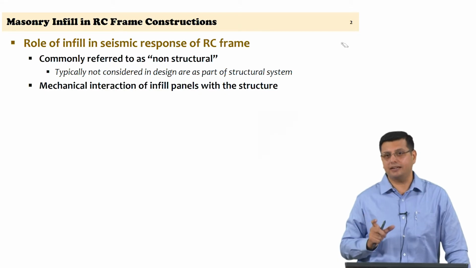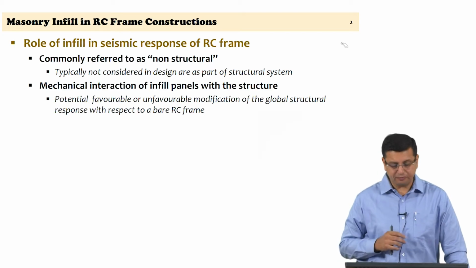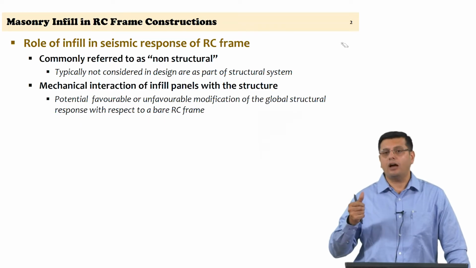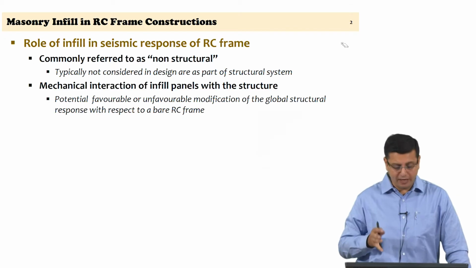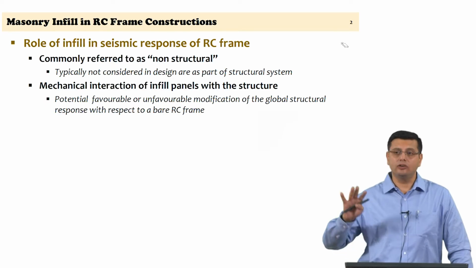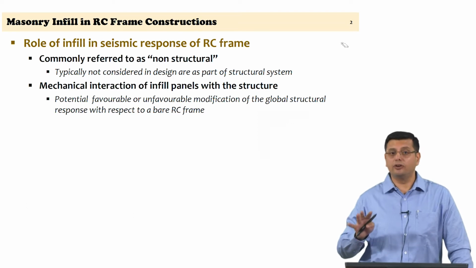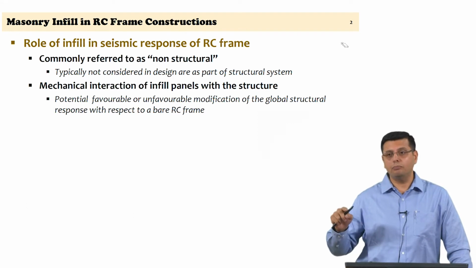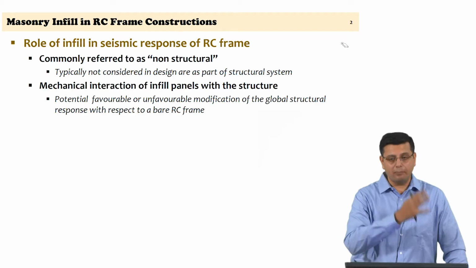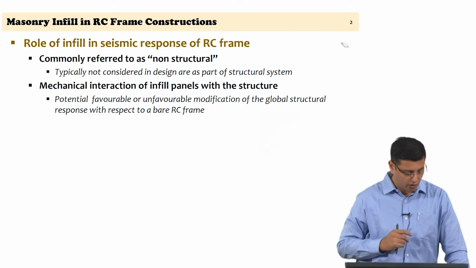So, there is a mechanical interaction of the infill panel with the structure itself. Now, you can have different scenarios. There could be a favorable outcome of this interaction, but there could also be an unfavorable outcome, which means that at the global structural response to earthquakes, you could have a role that this infill is playing to make the seismic behavior desirable or undesirable, and this you can compare with a bare reinforced concrete frame and understand if the effect is going to be favorable or unfavorable.